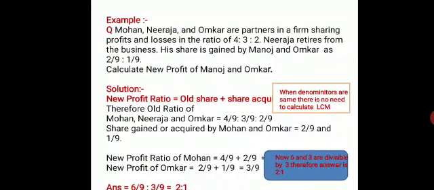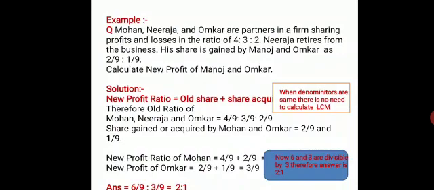Now what is the new profit for Onkar? It is 2/9 and 1/9. 2/9 plus 1/9, so the new profit ratio is 3/9. Now what is the answer? The answer is 6/9 and 3/9.